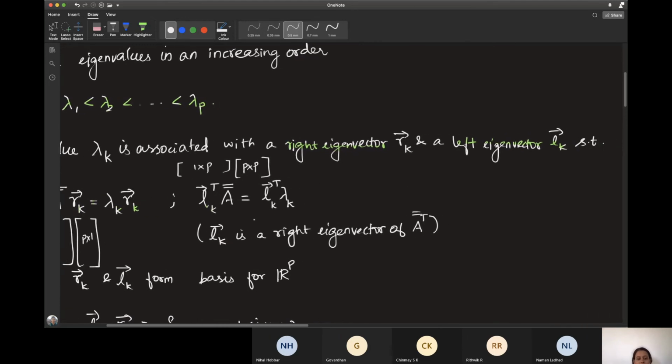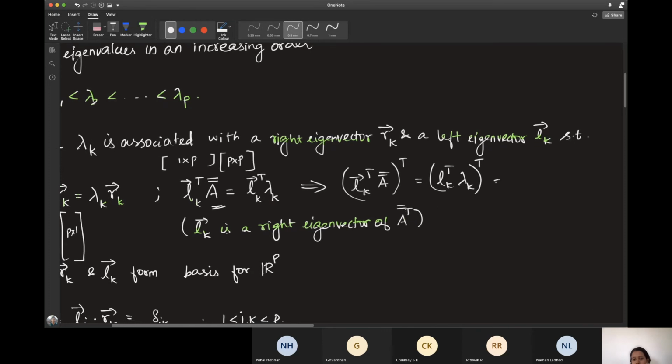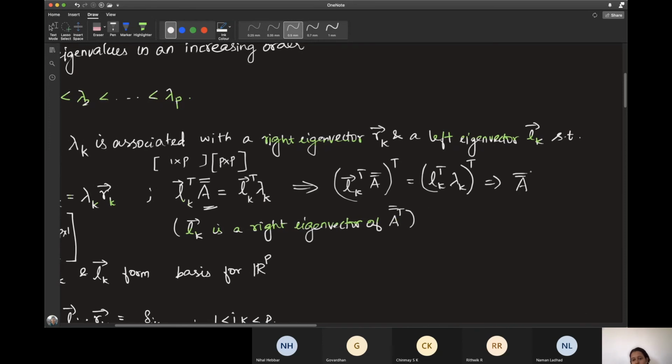If something is a left eigenvector of A, we can also note, as some extra thing to notice, that Lk is the right eigenvector of A transpose. If we try to transpose this equation, we'll have something like this.